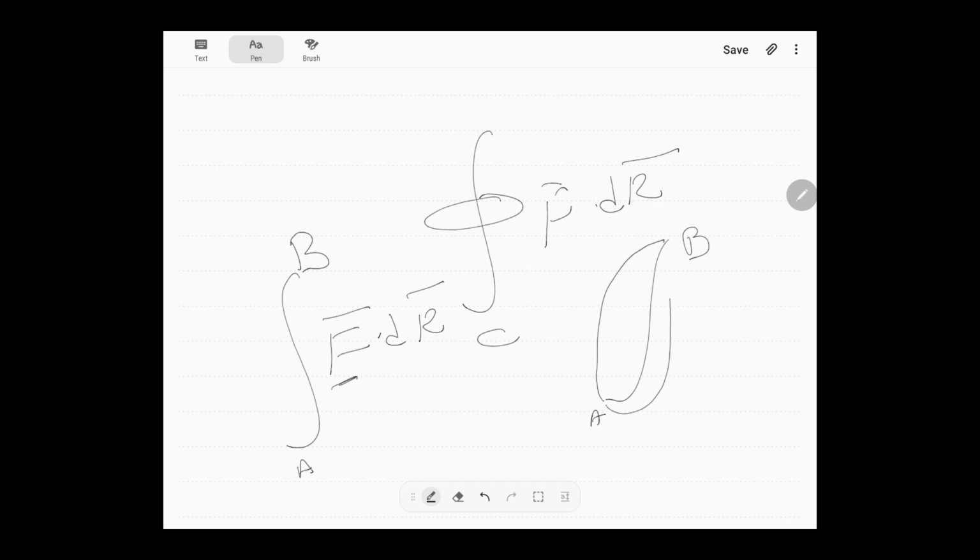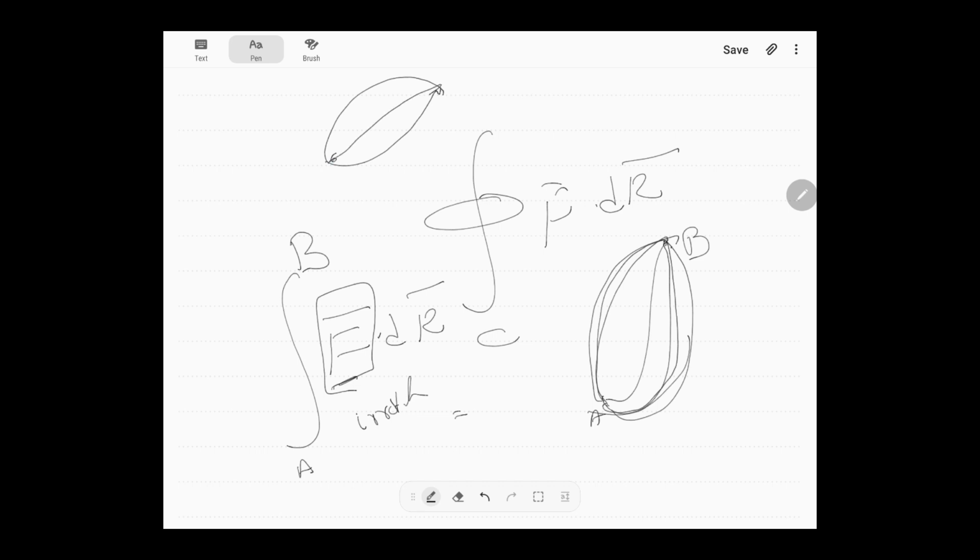But if you take f bar as an irrotational field, then along whatever curve these 2 points A and B are joined, the line integral value is always the same. Suppose we have a point here, whether I join it along this curve, or along this curve, or along a line, or some other curve, even then the line integral is the same if f bar is irrotational. And what is that integral value?